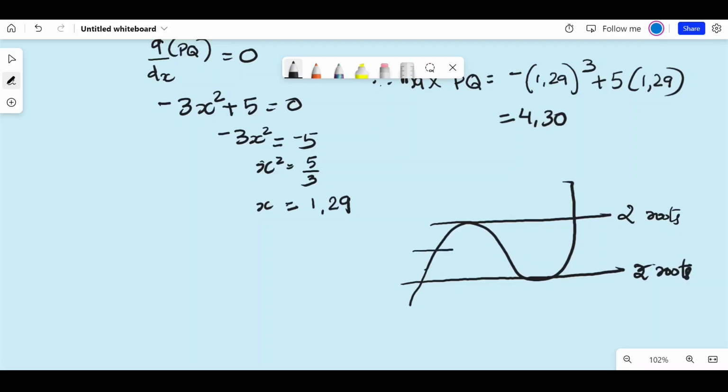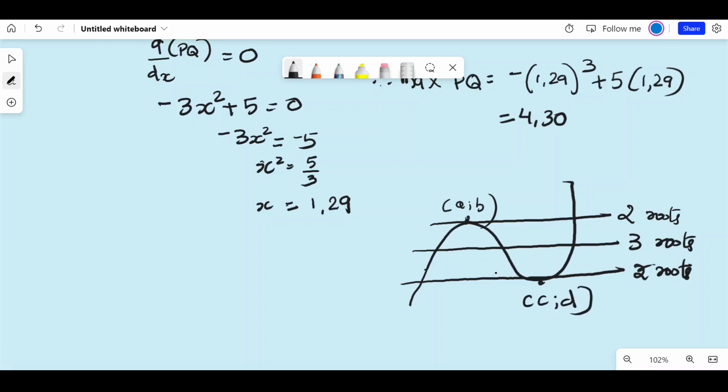But if the line is drawn anywhere in the middle, it's going to have three roots. Middle means between the two turning points. Now, let me quickly write this down. Let me say this turning point is AB, and this same turning point is CD.